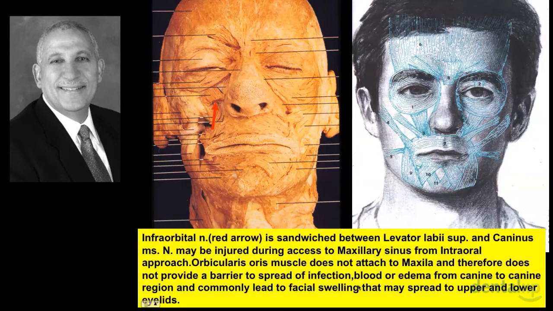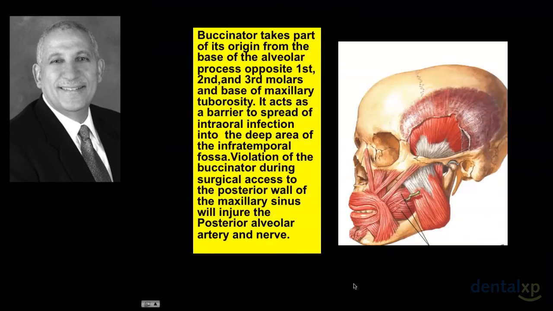So edema or blood from the canine to canine region commonly leads to facial swelling, and that may spread to the upper and lower eyelid. You can see here again the levator labii superioris, the levator anguli oris, and then the orbicularis oris muscle, which has only a very minor attachment to the bone.